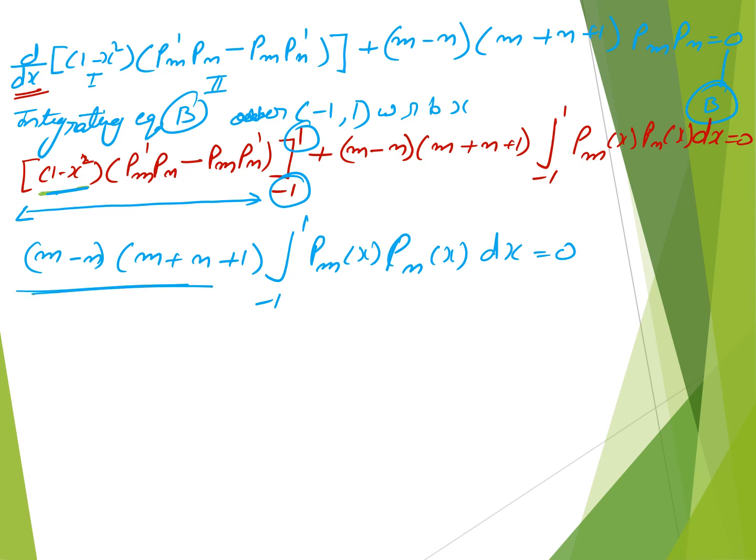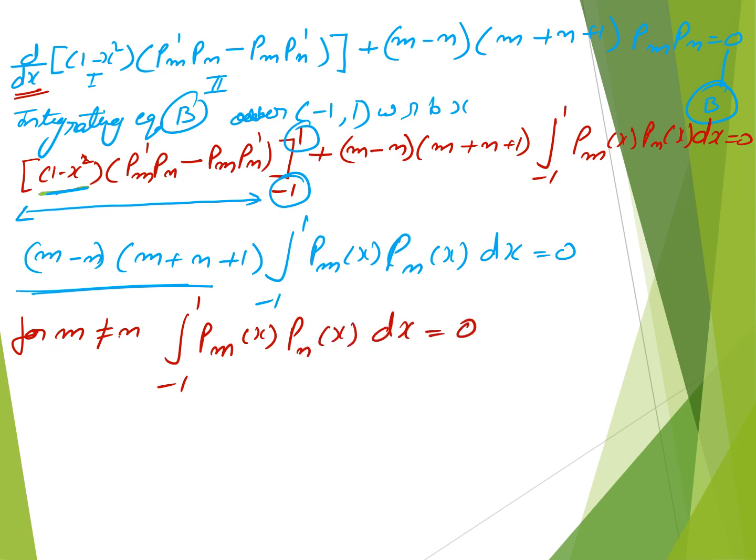Now we receive that when m is not equal to n, integration minus 1 to plus 1 Pm(x) Pn(x) dx is equal to 0. So this is the first proof which we obtain for it.